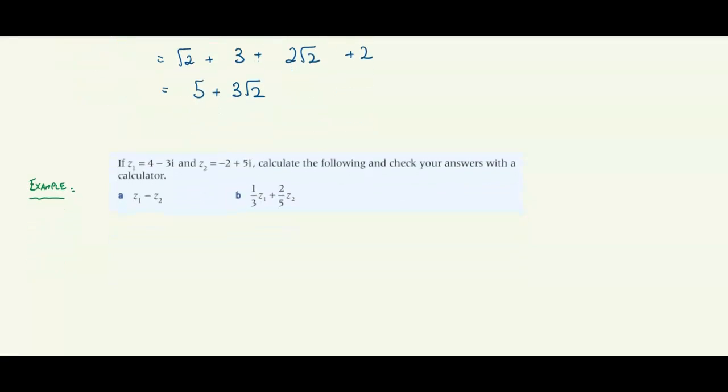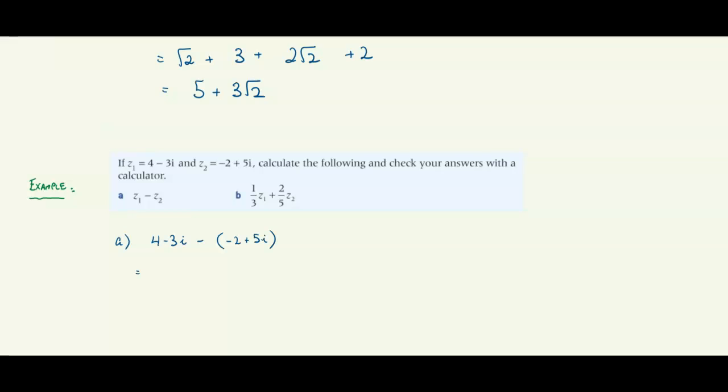So you see here that we have complex numbers defined: Z1 is 4 minus 3i, Z2 is negative 2 plus 5i. So Z1 minus Z2 will read like so: 4 minus 3i minus Z2, which is negative 2 plus 5i.